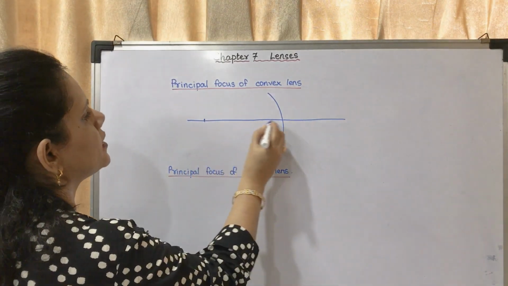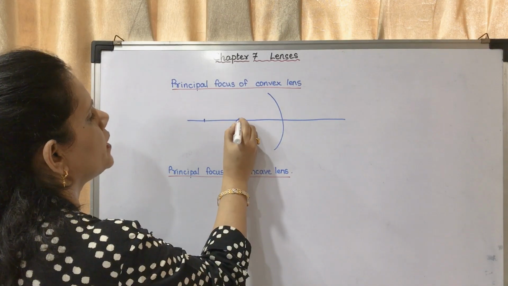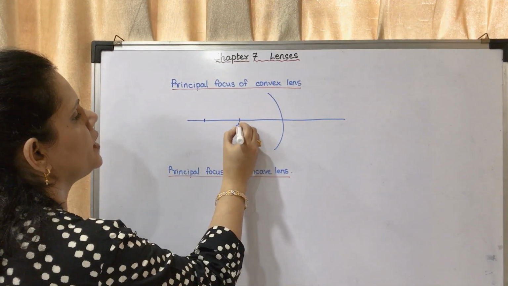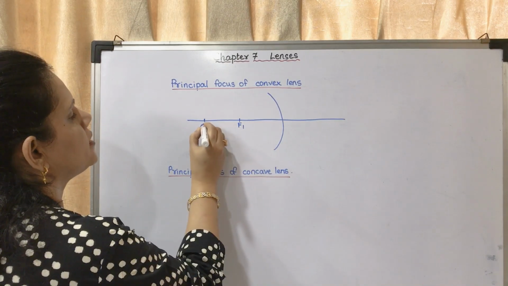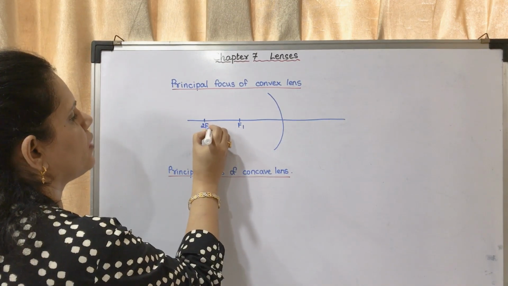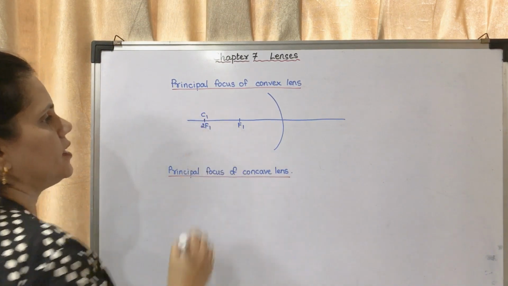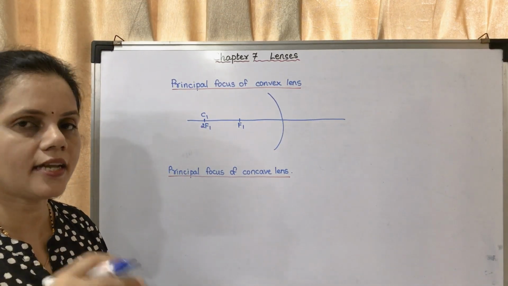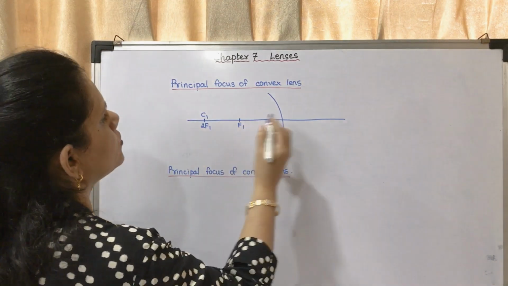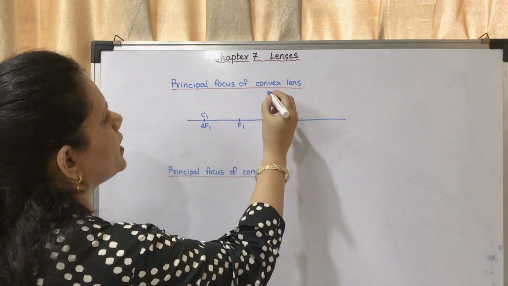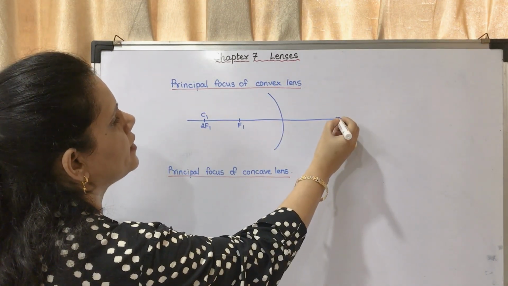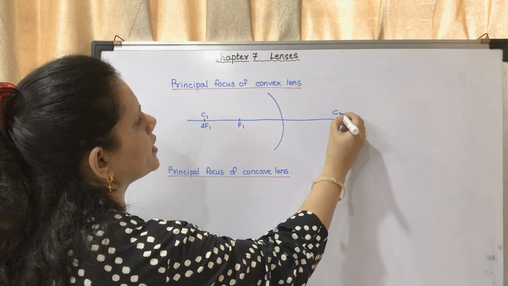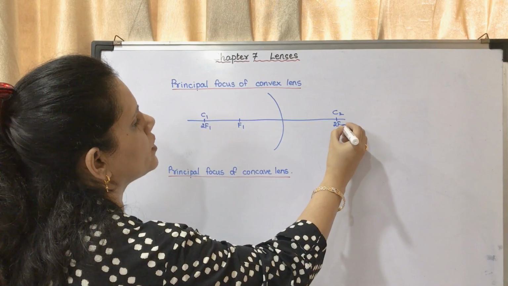If this is 6 centimeter, this will be half of it. That will be F1 and this will be 2F1. This is C1. C1 is also called 2F1. Okay, it is the double. Now you place the rounder on this side, and again that is taken as C2, that will be 2F2.